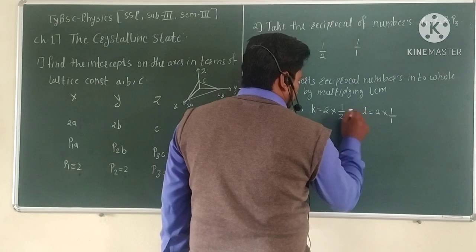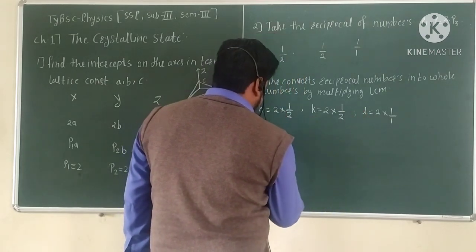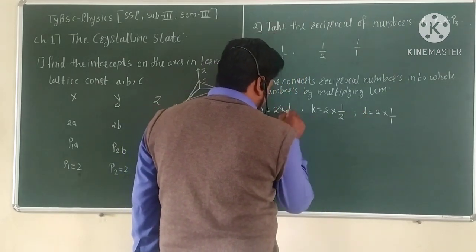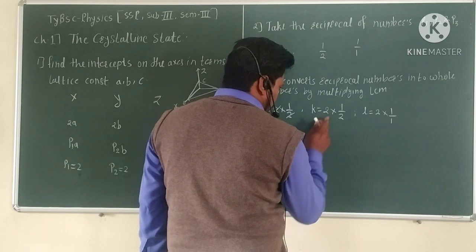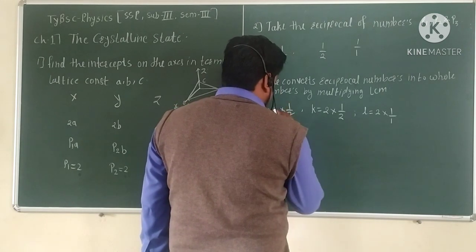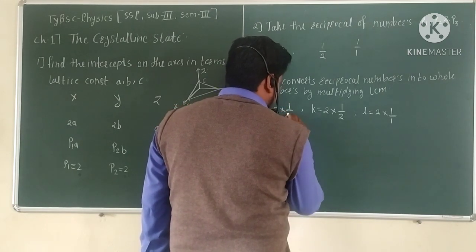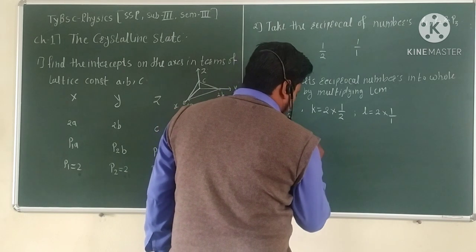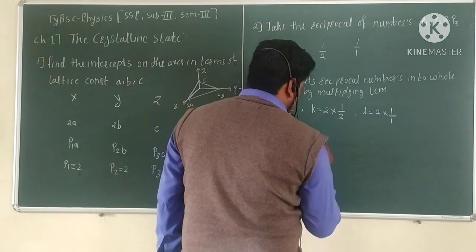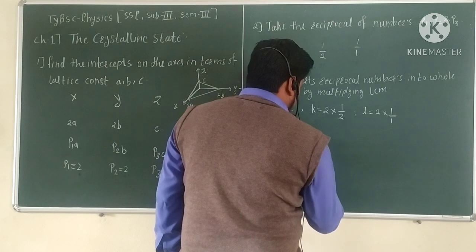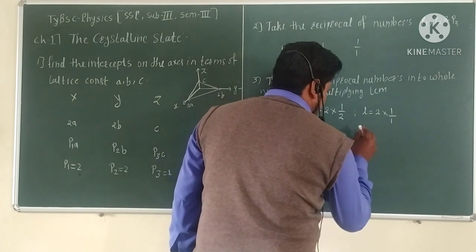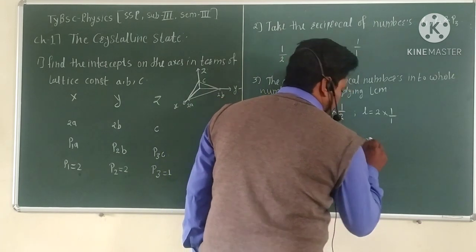Here the 2s cancel, so h is equal to 1, k is equal to 1, and l is equal to 2.